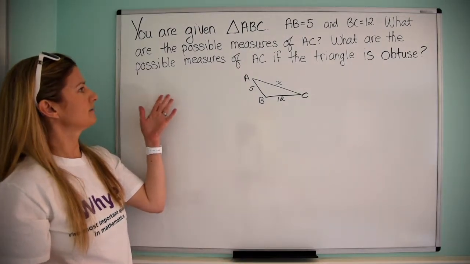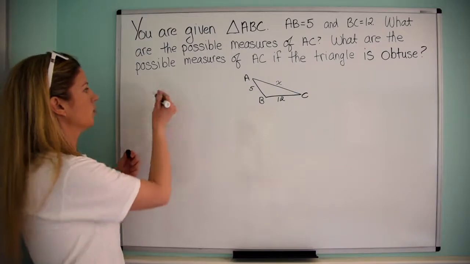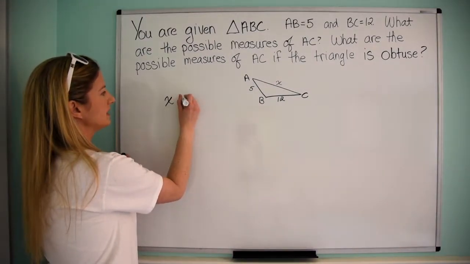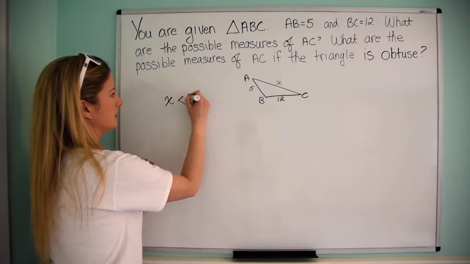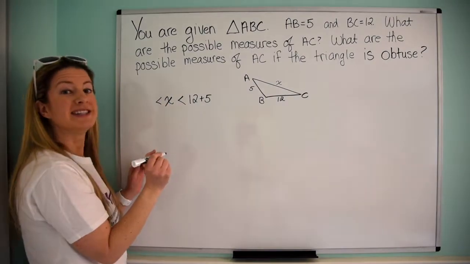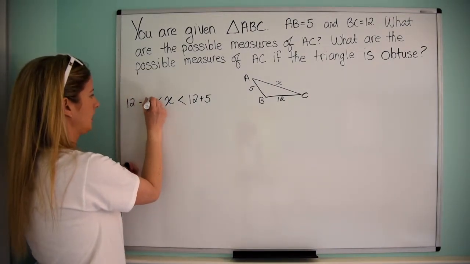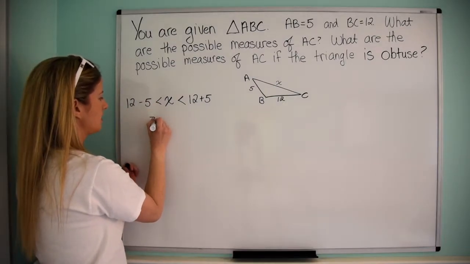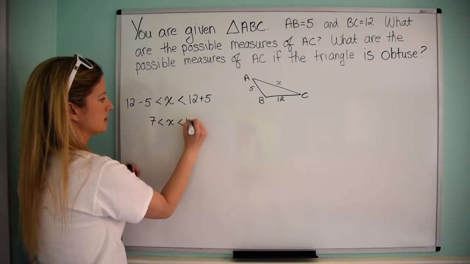If we want to find the possible measures of AC, we know that it's going to be less than the sum of the other two sides, so 12 plus 5, and greater than the difference of the two sides, so 12 minus 5. 12 minus 5 is 7, and 12 plus 5 is 17.